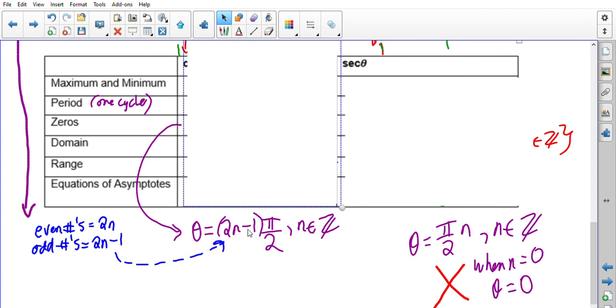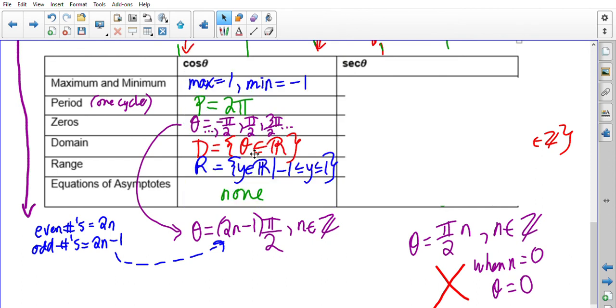That tells any person that I can plug any integer n into this formula, and it will create all the possible zeros. This purple way is the same as listing them: dot, dot, dot, negative pi over 2, 3 pi over 2, dot, dot, dot. These are the formulas I want you to get used to down here. So this one does not work.